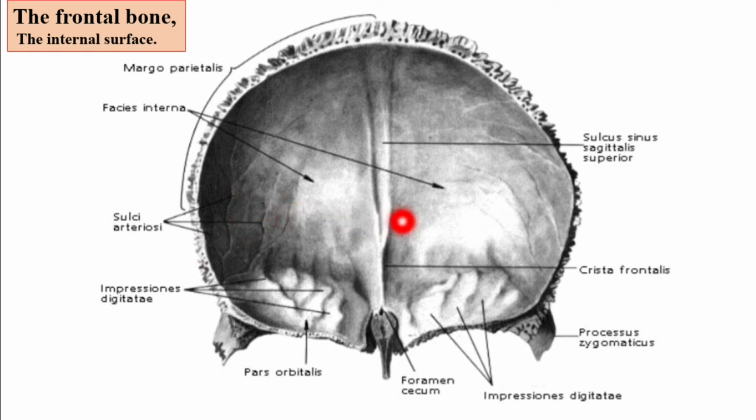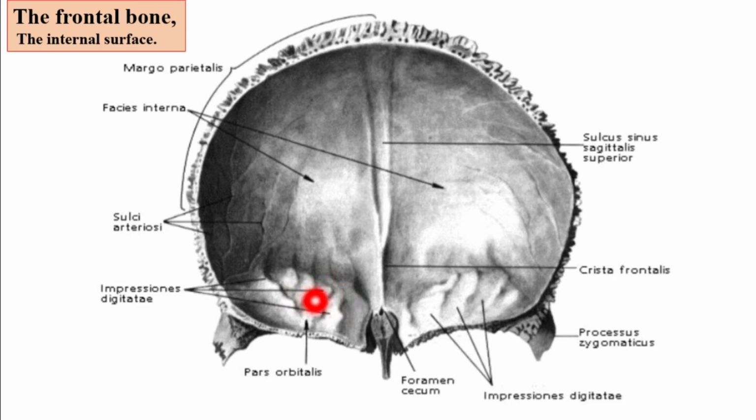Here is the orbital part of the frontal bone. The orbital part has two surfaces: the orbital surface of the orbital part of the frontal bone and the cerebral surface of the orbital part of the frontal bone.